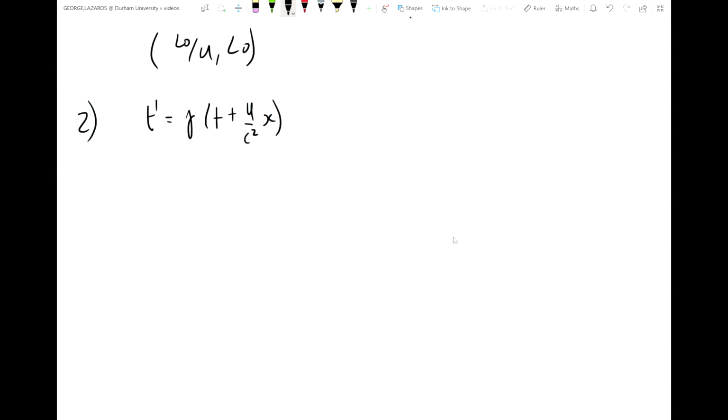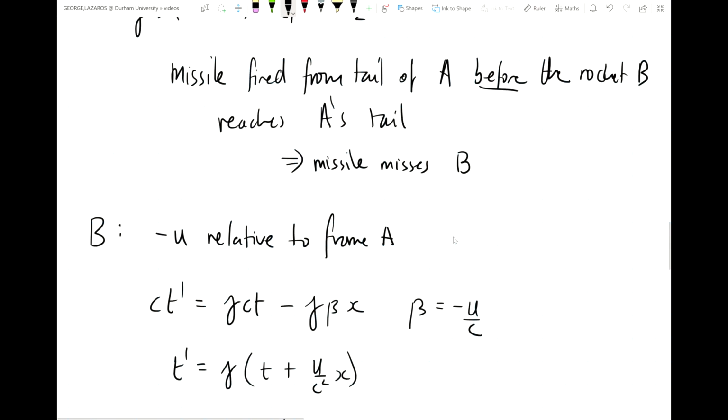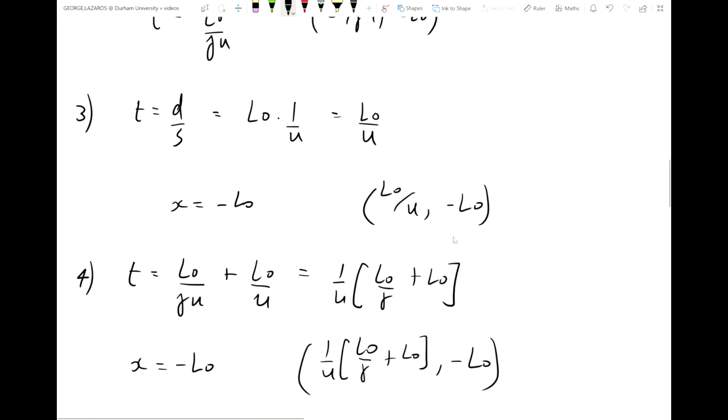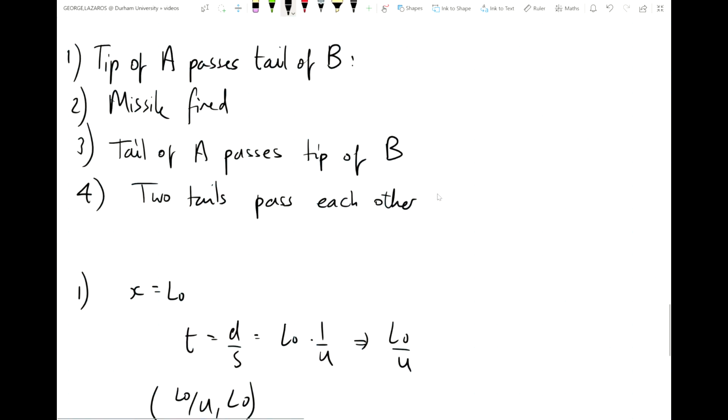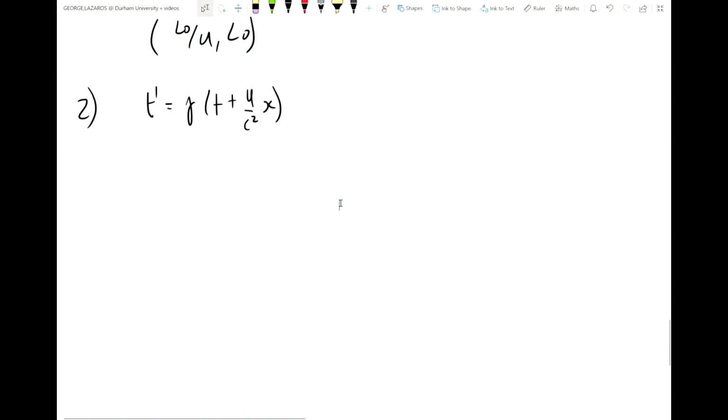So if we look back to where we worked them out previously, we had L0 over γu and minus L0. So if I just copy that, these are the times and positions that the missile is fired in frame A. So we keep that there.